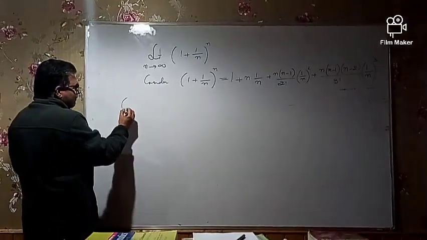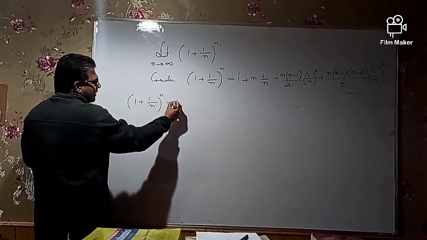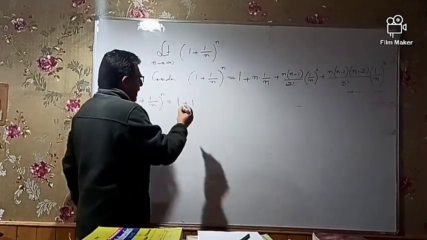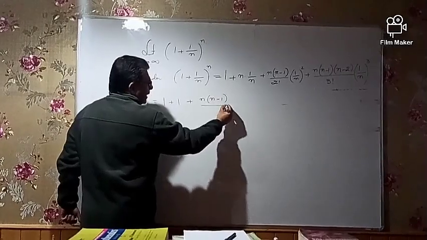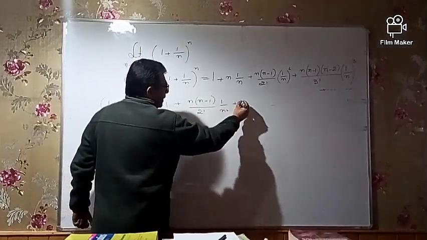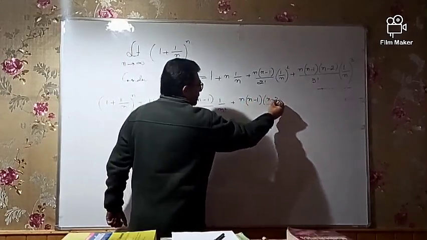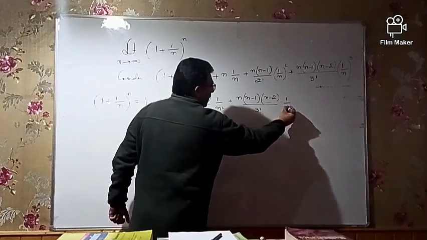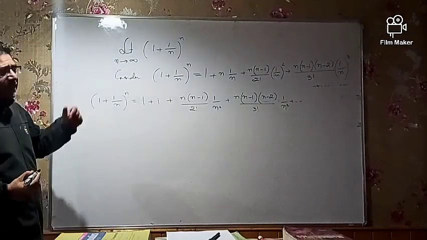So that is 1 plus 1 by n raised power n. It is equal to 1 plus 1 because n and n will get cancelled, and you will get n into n minus 1 divided by 2 factorial into 1 by n square, then n into n minus 1 into n minus 2 divided by 3 factorial into 1 by n cube, then so on. This is the second step.